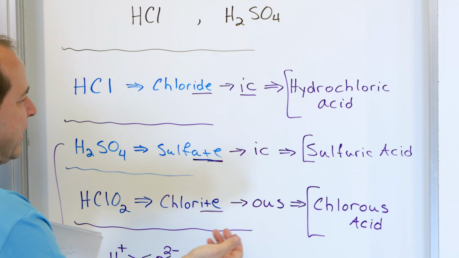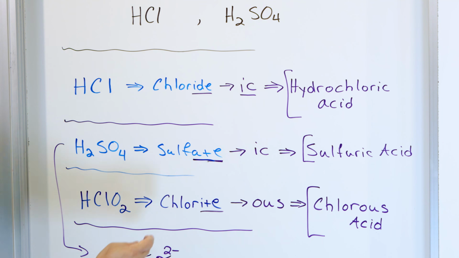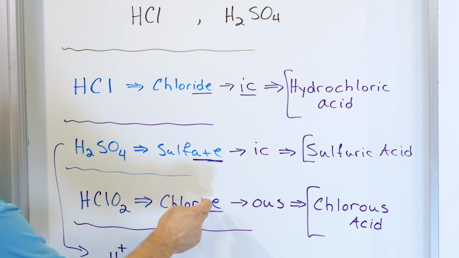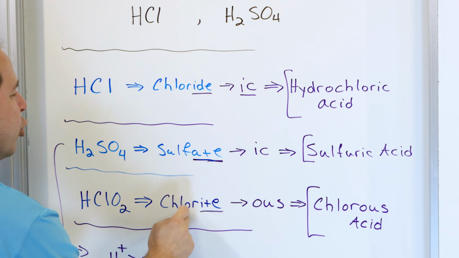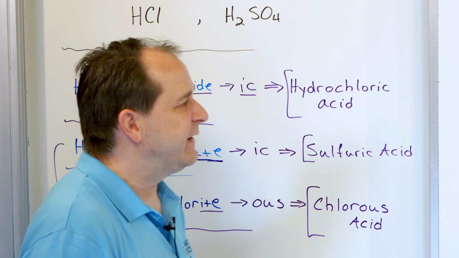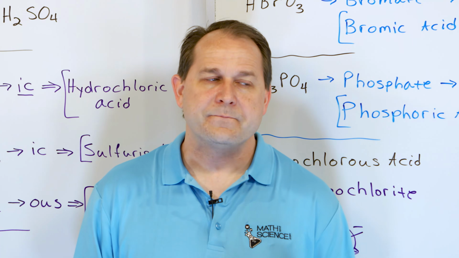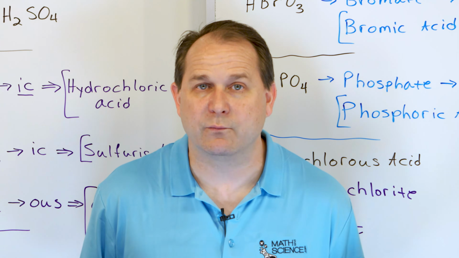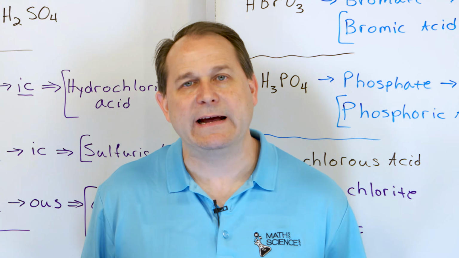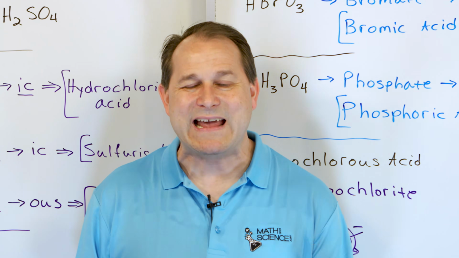You have to interpolate a little bit. So sulfate becomes sulfuric, right? And then you have ITE ions, and those ITE turns into OUS. So chlorite turns into chlorous acid, for instance. And then we did a bunch of examples to show you different cases of that. So I'd like you to solve these yourself. Make sure you understand the general idea, and then follow me on to the next lesson. We'll do part 2 and get more practice with naming acids.